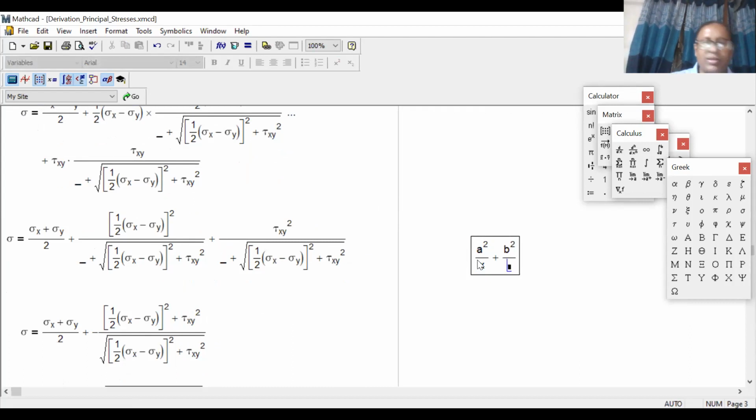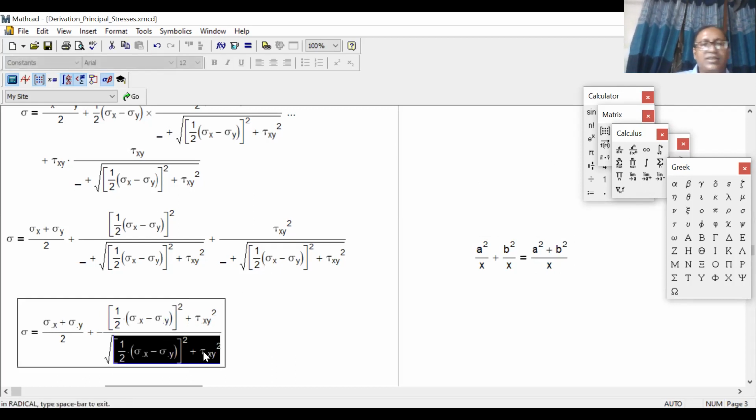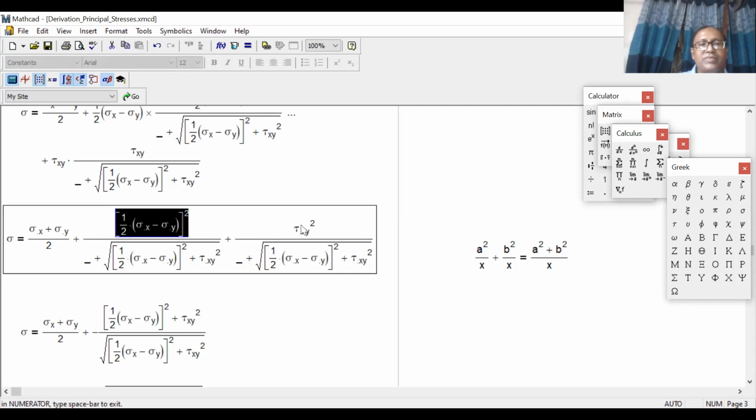I'm sorry, the same value, x. So if you simplify it, what do you get? a square plus b square divided by x, right? So that one I did. This is my x, the upper one is a square plus b square.